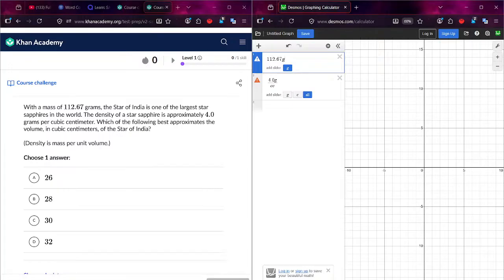So volume is going to be measured here in cubic centimeters. There are four grams in every cubic centimeter.